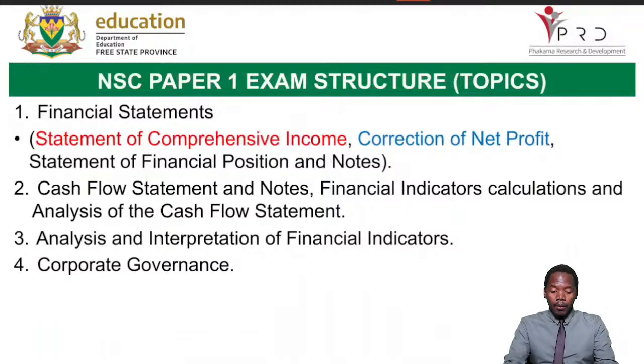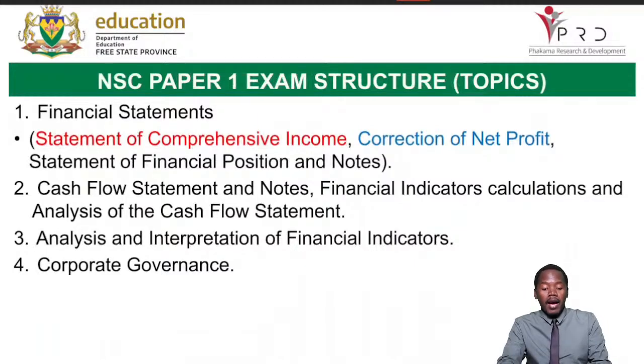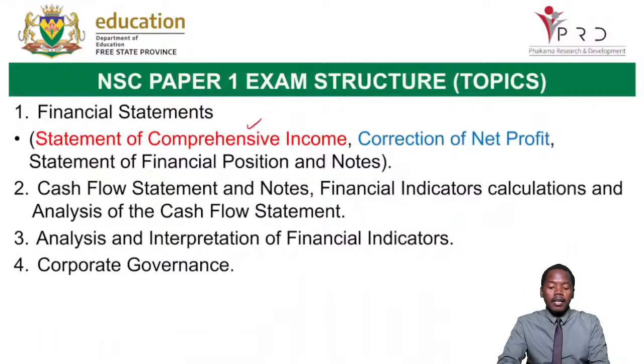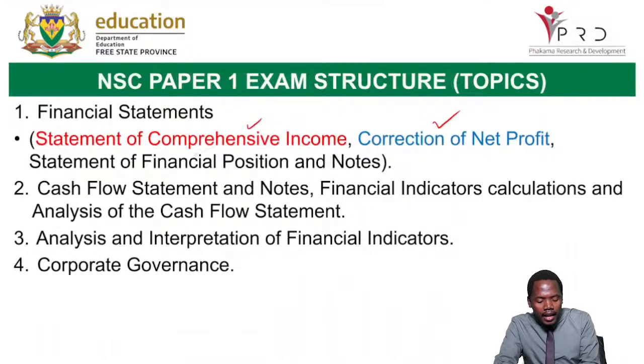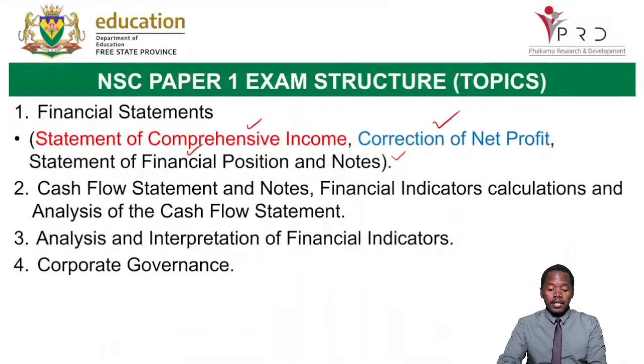Topic number 1, we are going to be having two financial statements. What are those financial statements? We are going to be having the statement of comprehensive income, or we may also have the correction of net profit and the statement of financial position, as well as the note for these statements.